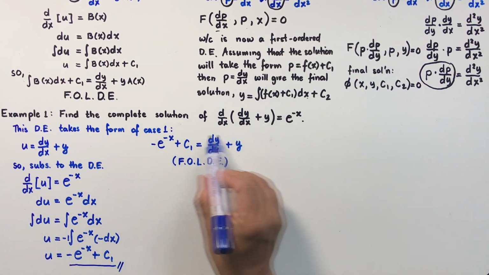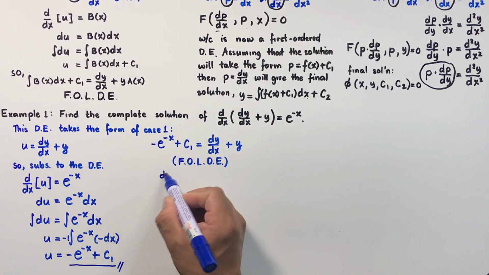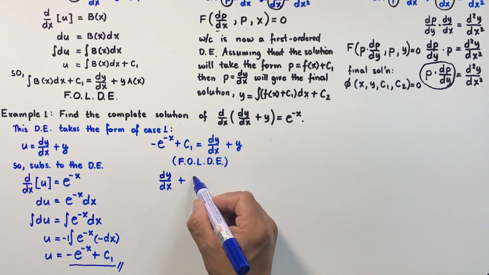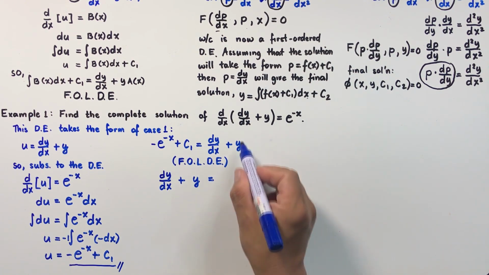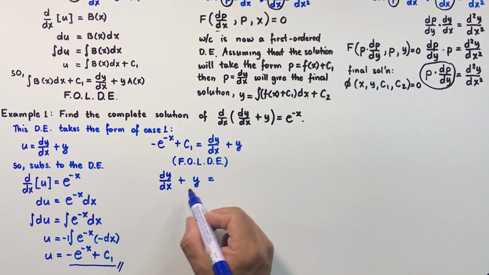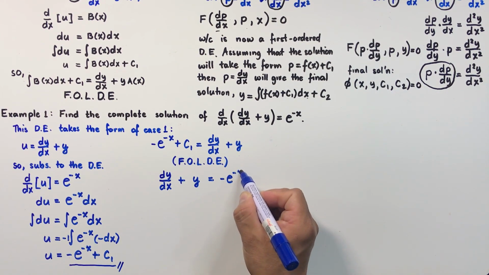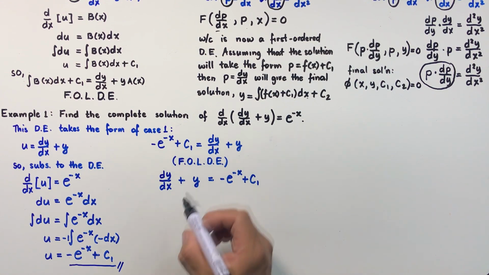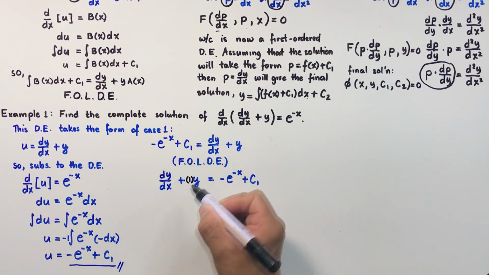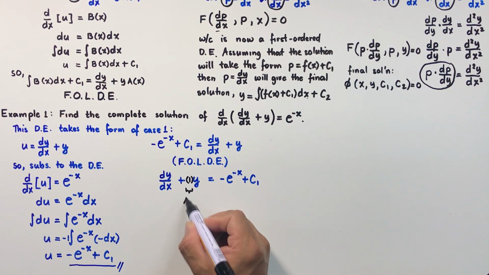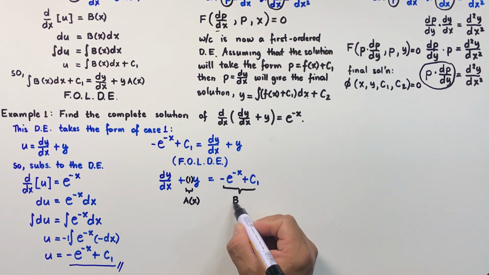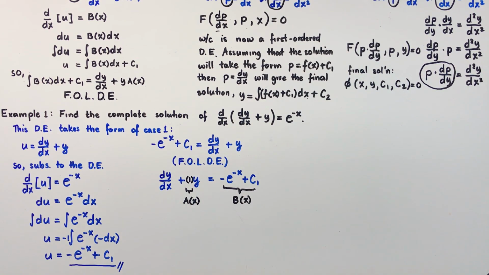And rewriting this one so that we can easily see that this is a first order linear differential equation, we can rewrite this one at the left side of the equation, and this left side will be at the right hand side here, so that we can easily see that this is our a of x and this is our b of x of our first order linear differential equation.